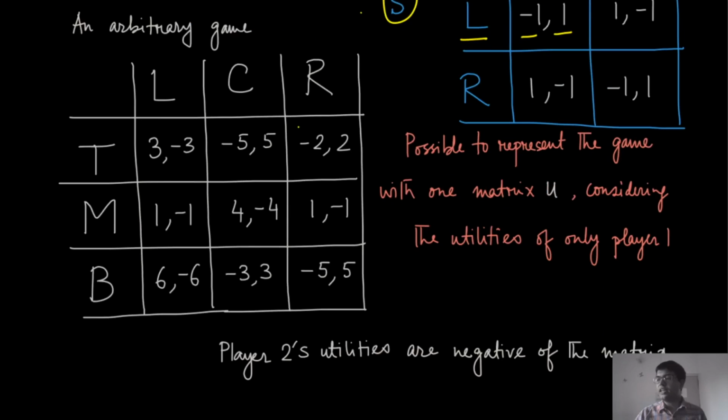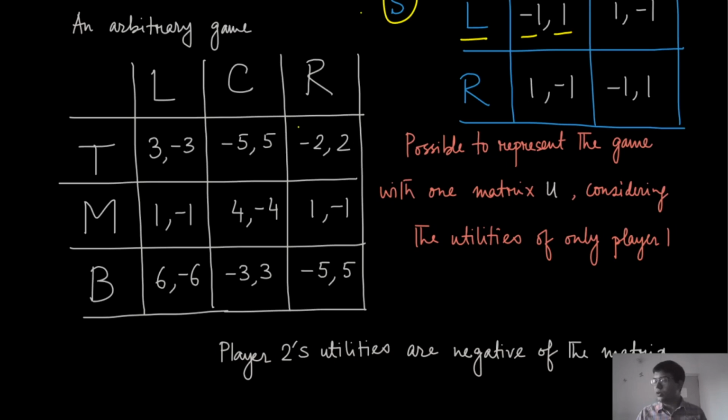Let us also look at a little larger but arbitrary game. This has three strategies for player 1 and player 2, and if you look at the numbers at every outcome of this game, every strategy profile, the sum of the utilities is equal to 0. Now why is it called a matrix game? That is an important thing.